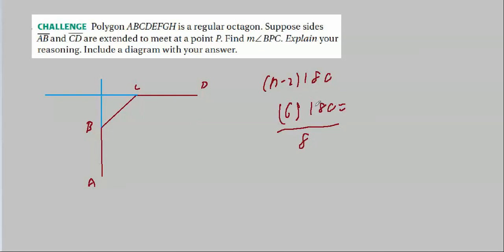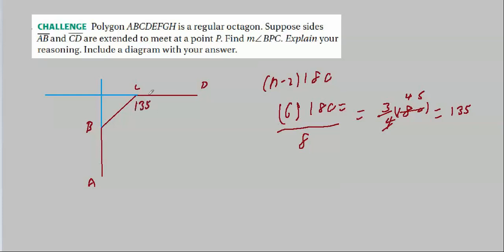So we got 3/4 of 180. Well, if we perform the multiplication, I get 135 degrees for an interior angle.